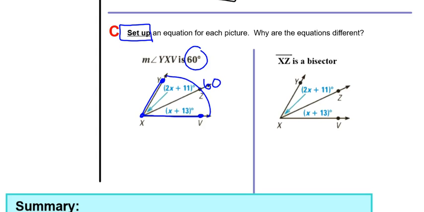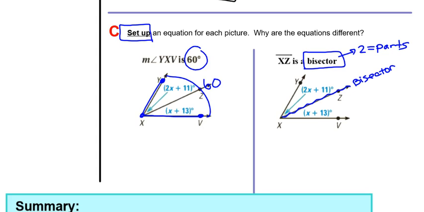And then when we look at the second part, it says that WXY is a bisector. And I know that that makes two equal parts. So this guy right here is the bisector. Those two pictures are the same, but with different information to start with. We will set up two different equations.